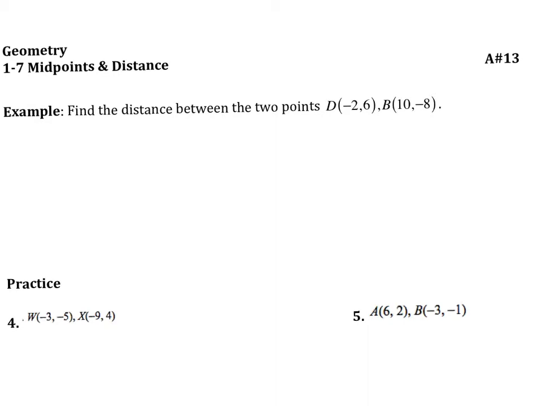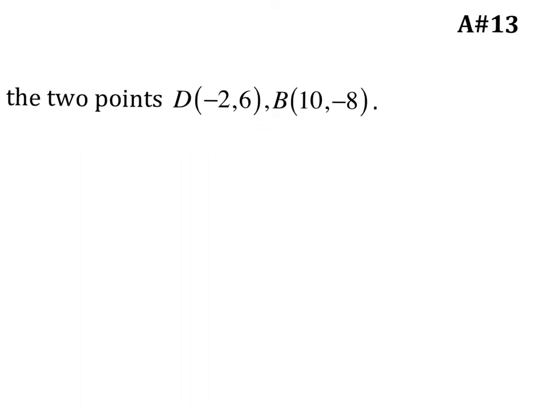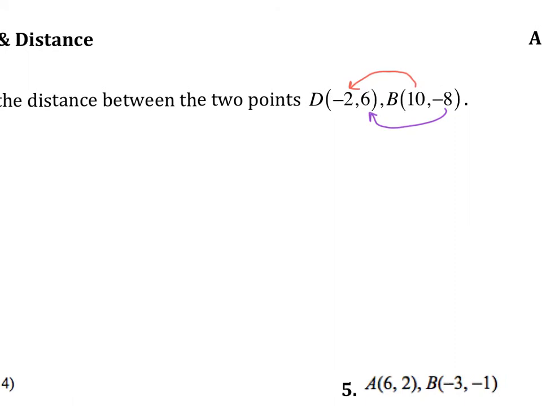So we're going to find the distance between the 2 points D and B. Now, if you need to see this in a visual sense, here's what I'm going to do. I'm going to say 10 minus the negative 2, and then I'm going to say the -8 minus the 6. So the substitution will work just like this.